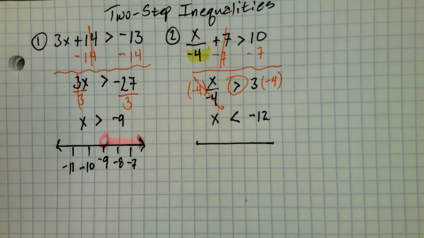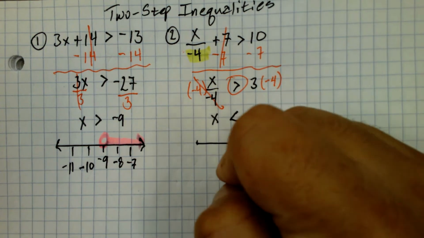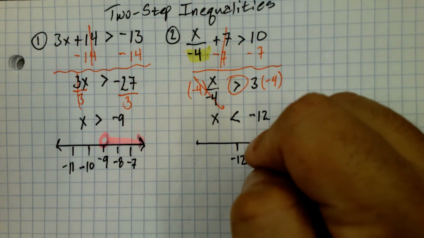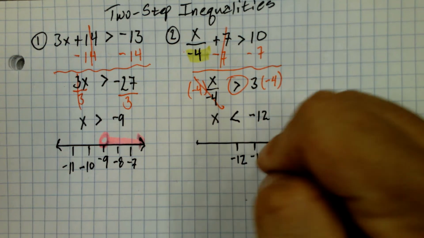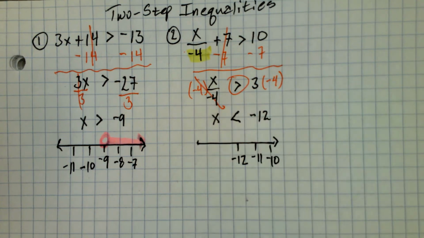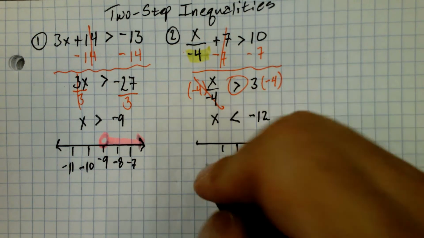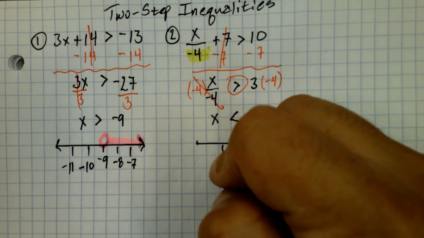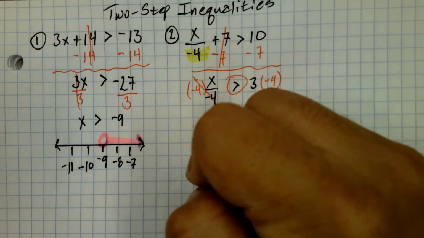Okay. So negative 12 is the star of the show. It's going to go here. And we want numbers smaller, greater than that, actually. So negative 11, negative 10. We want numbers lesser than that. Negative 13, negative 14.